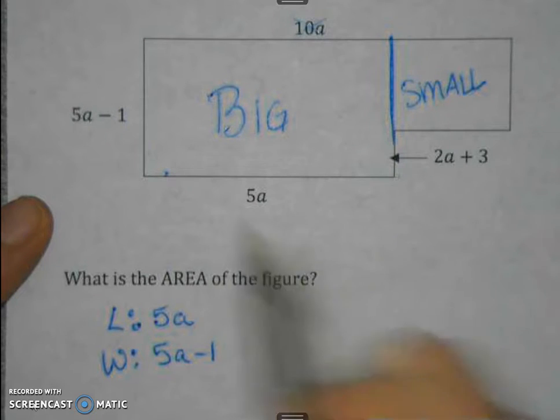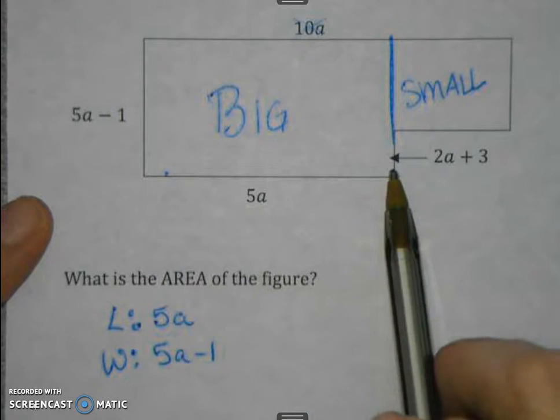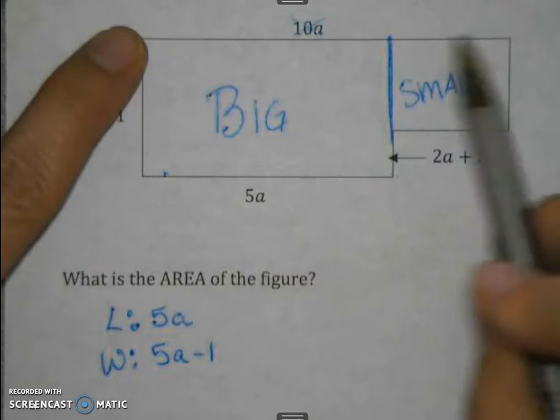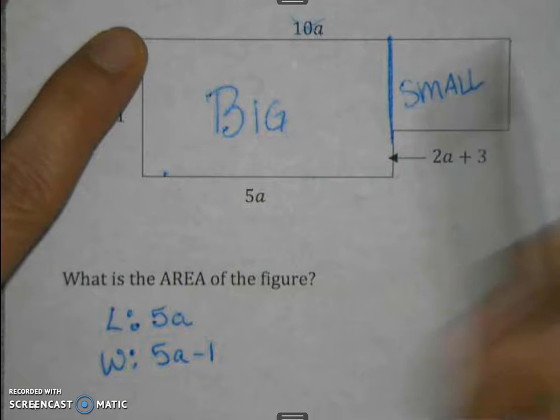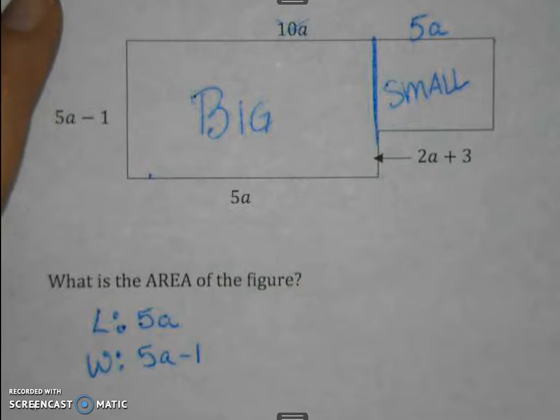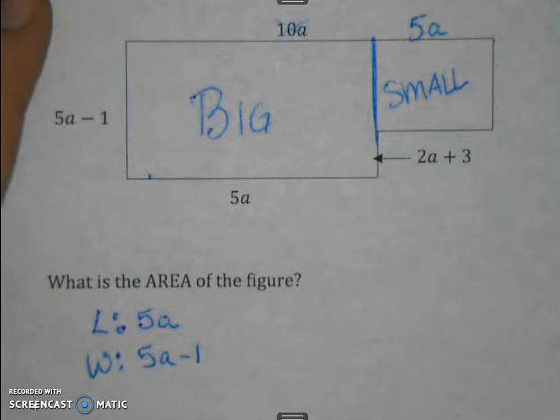Now you'll notice this across here was 5A, so this was 5A across the top with that. All the way across is 10A, so 10A minus 5A is 5A. And I know it doesn't look the same, but you learned in geometry, looks can be deceiving. The mathematics are what are true.